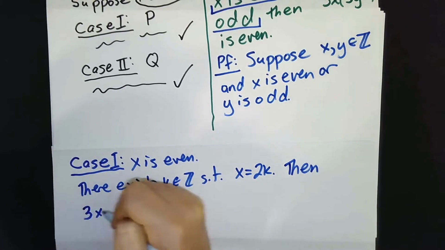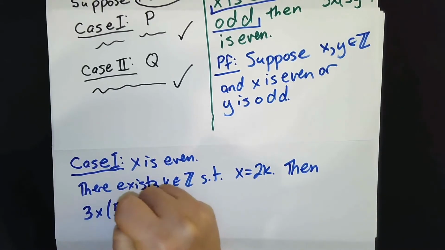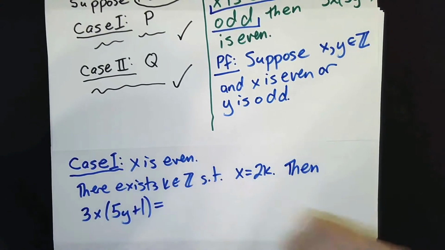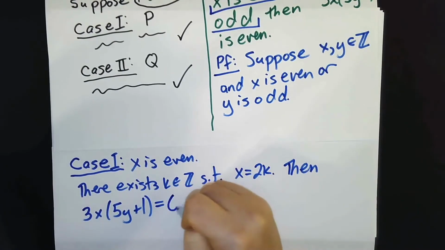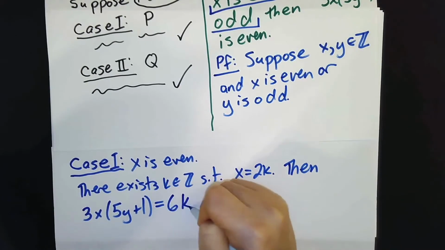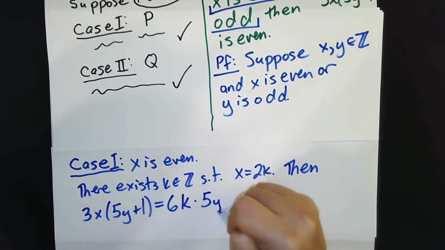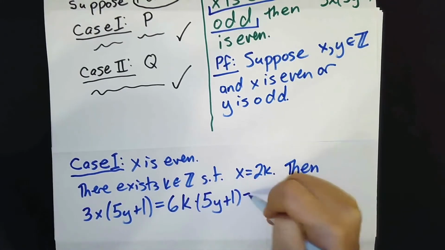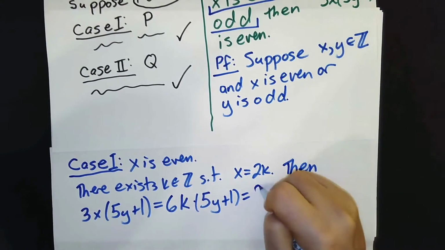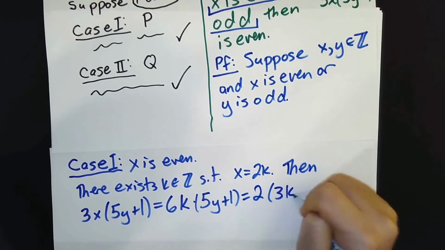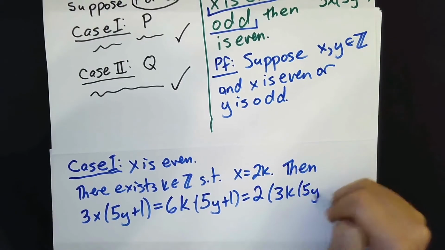Then 3x times 5y plus 1 is equal to 6k times 5y plus 1, which is equal to 2 times 3k times 5y plus 1.